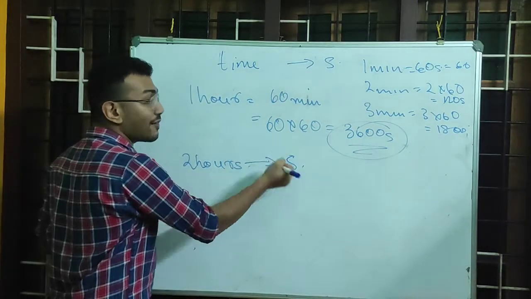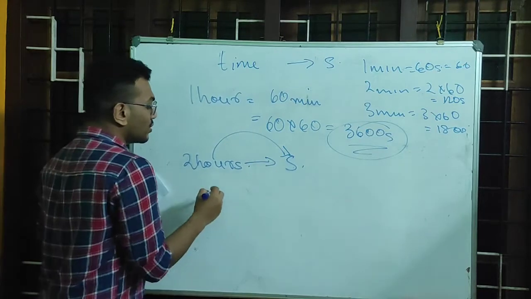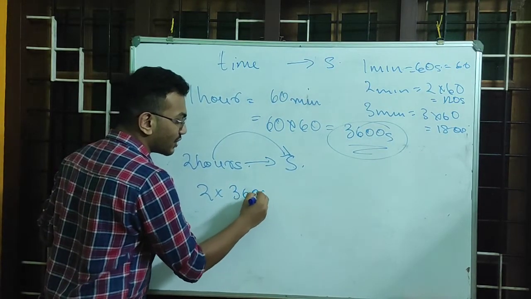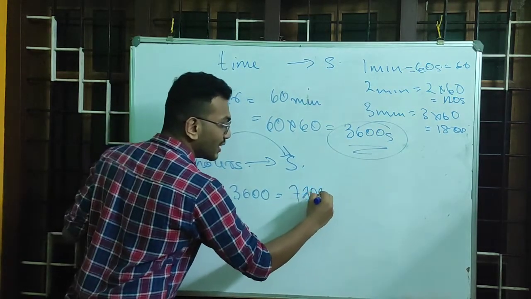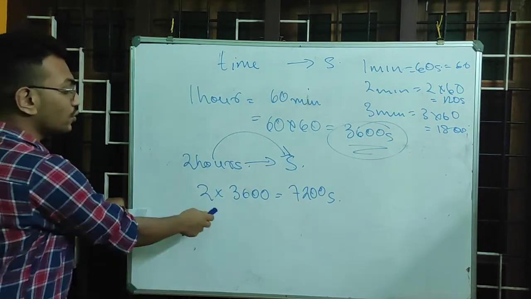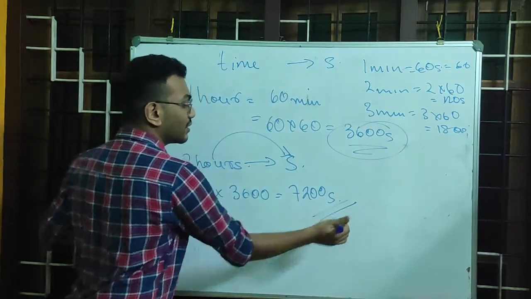Remember that conversion, hours to second. So 2 into 3600 would give you 7200 seconds.